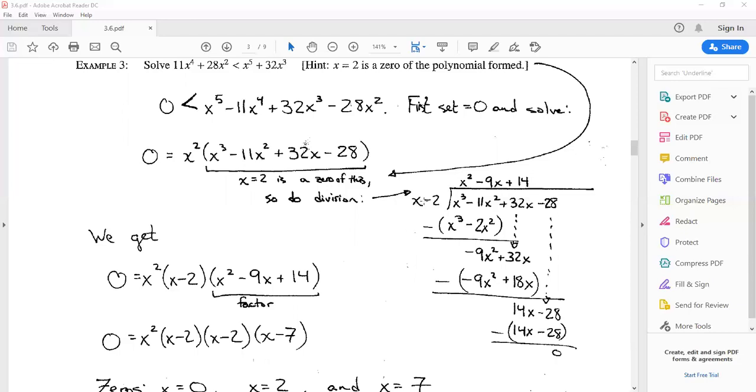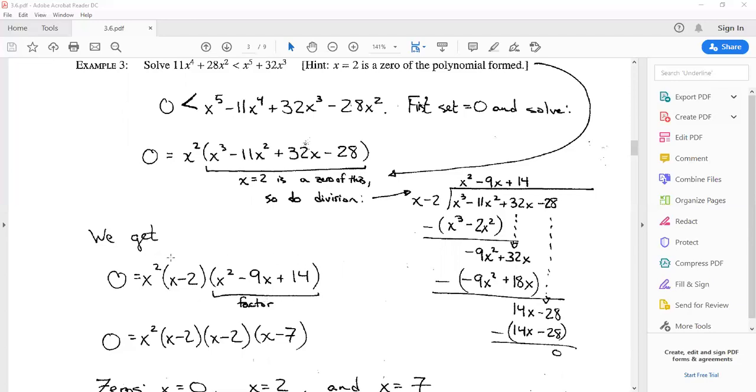And so what we get then is that when we divide out by x minus 2, we're left with x cubed minus 11x squared plus 32x minus 28 equals x minus 2 times x squared minus 9x plus 14. So I will replace x cubed minus 11x squared plus 32x minus 28 over here with this factored expression.